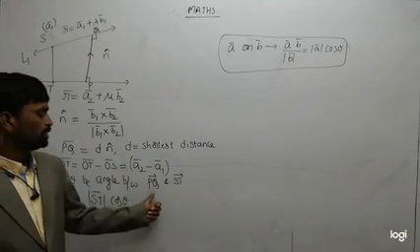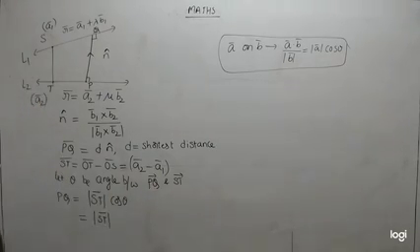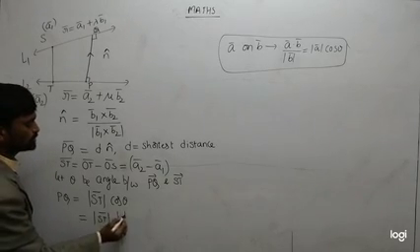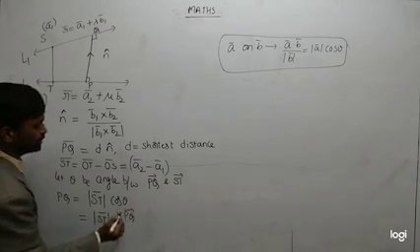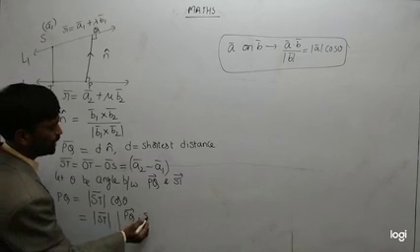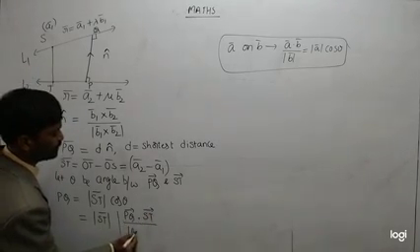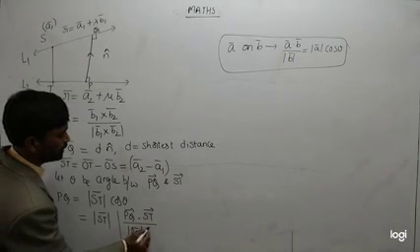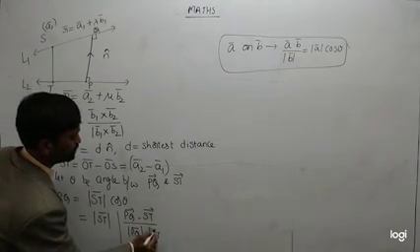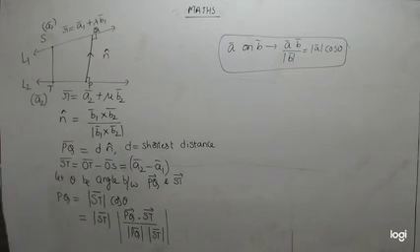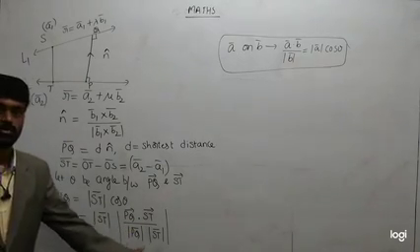Angle between PQ and ST. If theta is the angle between PQ bar and ST bar, then cos theta formula is modulus of PQ bar dot ST bar divided by modulus of PQ bar into modulus of ST bar. Cos theta formula is A bar dot B bar by mod A bar into mod B bar.